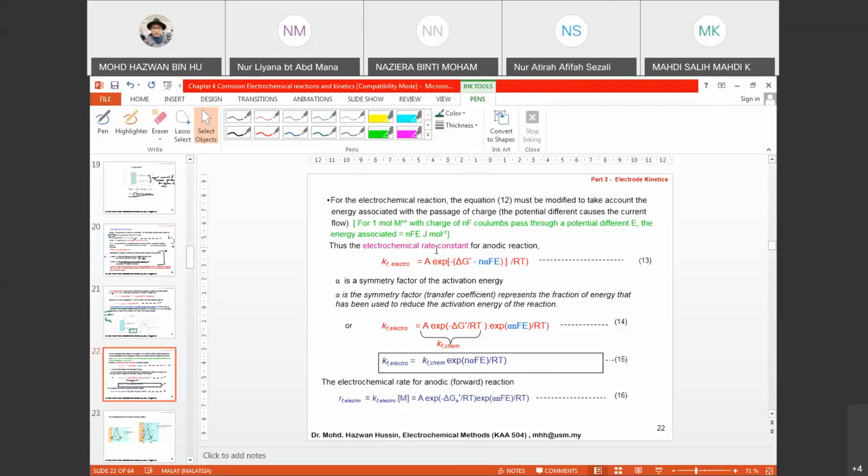So if actually I expand this, yes. Is the energy associated equal to negative nEF, minus nEF, or plus nEF? What is it again, Mari? So you said the potential difference E, the energy associated is equal to nEF, or minus nEF? Oh, you mean the third line, this one? Yeah, yeah.